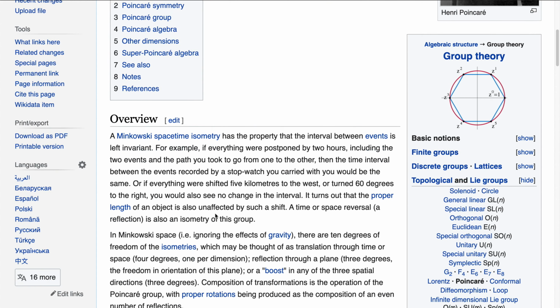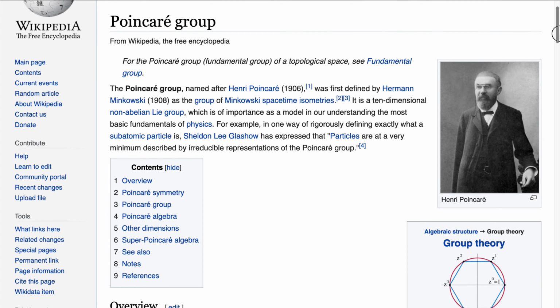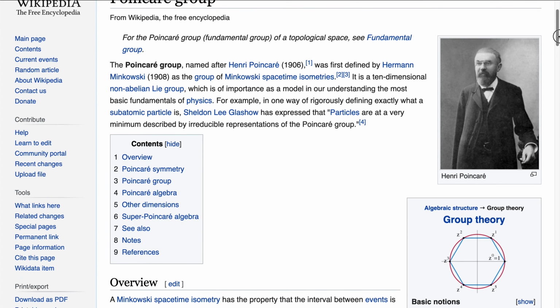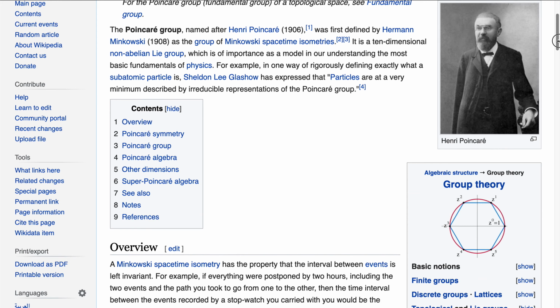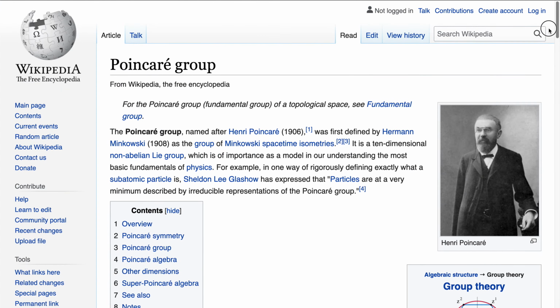I just wanted to say that in the book, Physics from Symmetry, the author uses the property that the Poincaré group acting on Minkowski spacetime can be represented as two copies of SU2, and therefore you can describe all the irreducible representations of the Poincaré group using a pair of numbers, each corresponding to a different SU2 part.